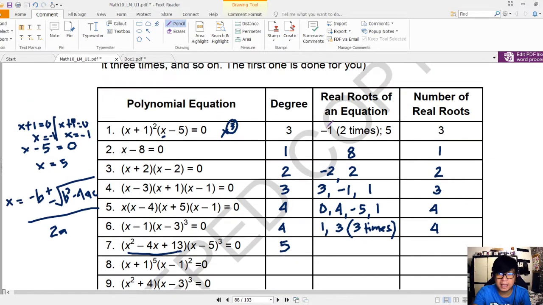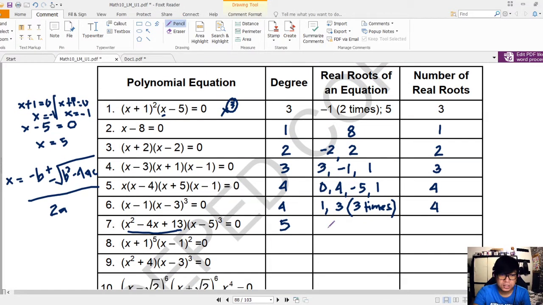Ano bang hinahanap natin? Real roots lang kasi. So, ibig sabihin hindi siya roots. Ito lang yung may real roots, 5, which appears 3 times. Then, our number of real roots natin dito is 3 lang.